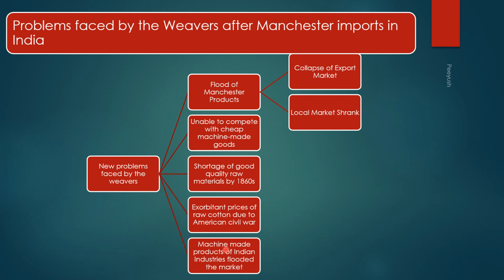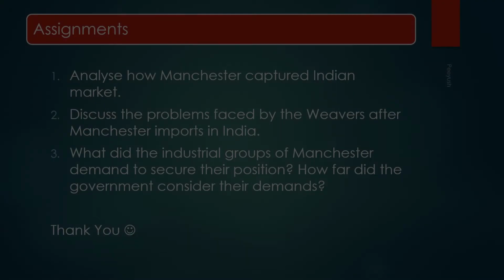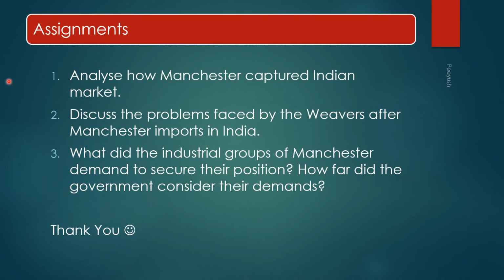The next problem is that Indian industries also started producing cotton goods, and those products flooded the Indian market. So we have understood how Manchester captured its local market as well as international market, and weavers faced several problems.